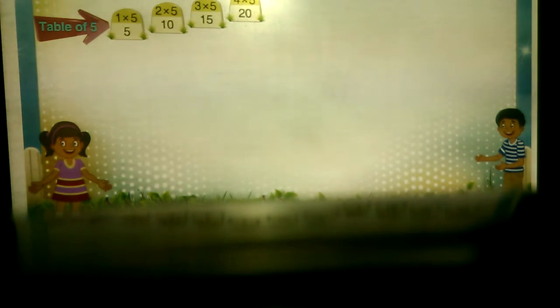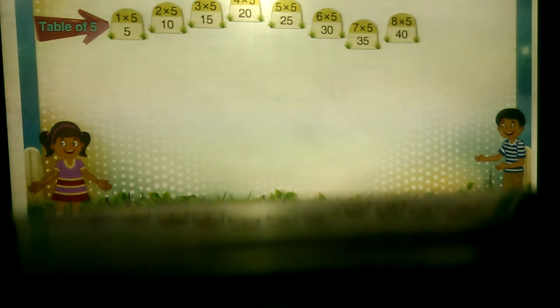And the table of 5 is 1 5s are 5, 2 5s are 10, 3 5s are 15, 4 5s are 20, 5 5s are 25, 6 5s are 30, 7 5s are 35, 8 5s are 40, 9 5s are 45, 10 5s are 50.